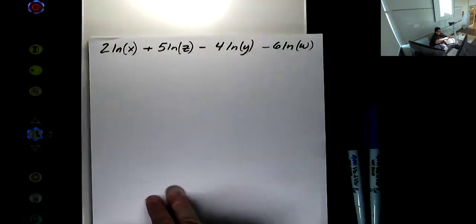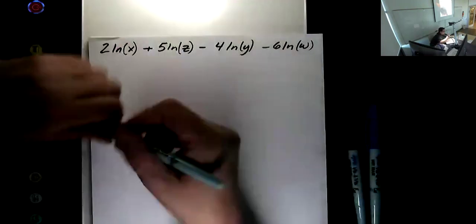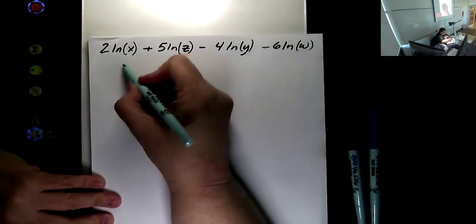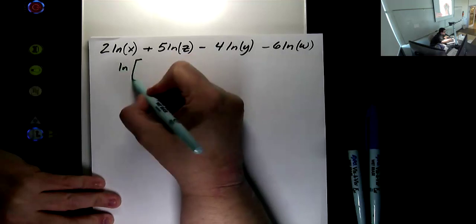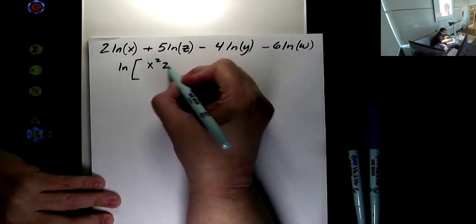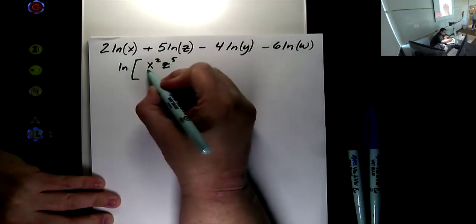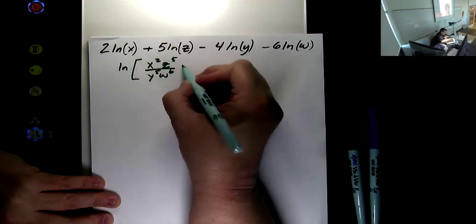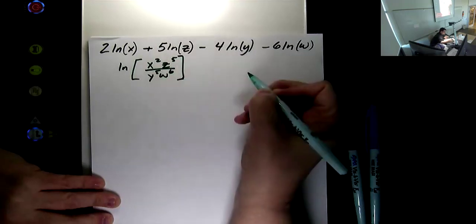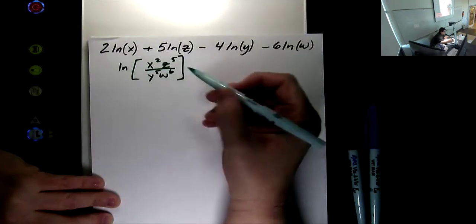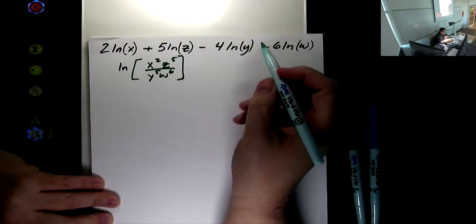Is everyone ready? Anyone got an answer? Go for it. I'll add, and then in parentheses, x squared times z to the fifth over y to the fourth times w to the sixth. Anyone else get that? I assume that's what you meant. I think it's y to the fourth instead of y to the fifth.